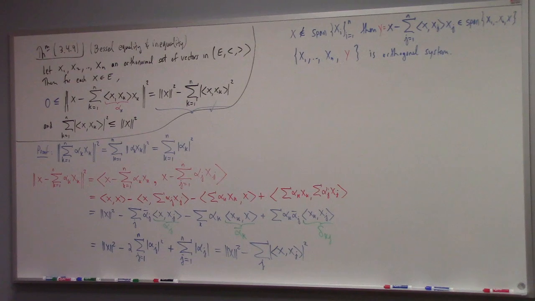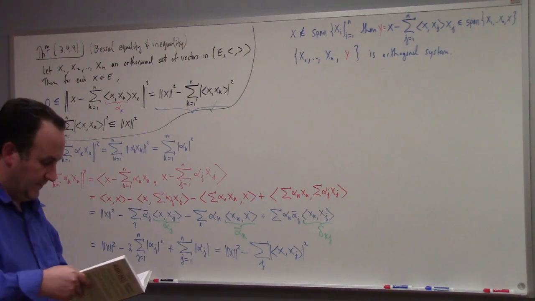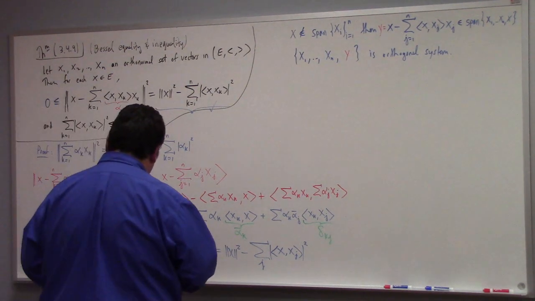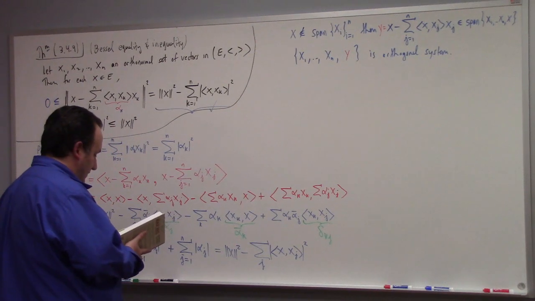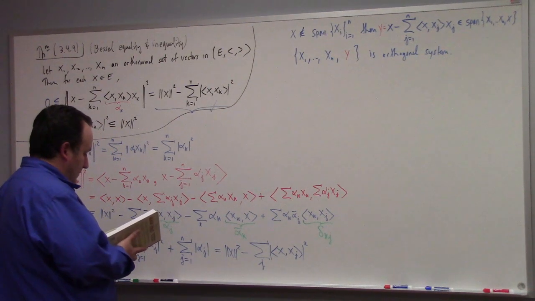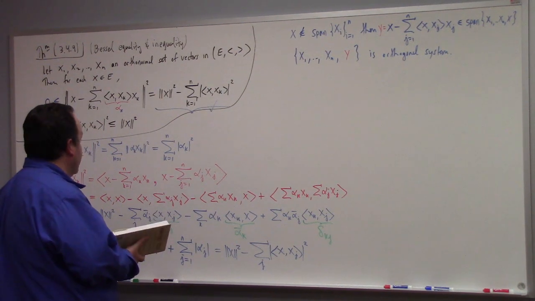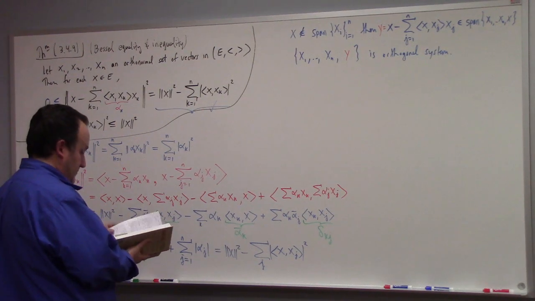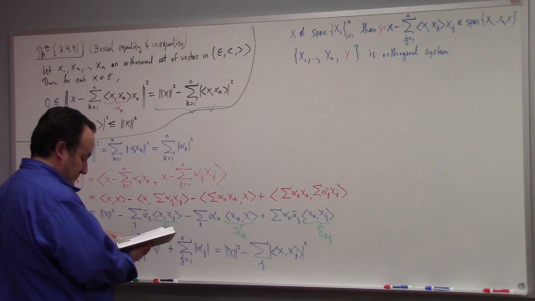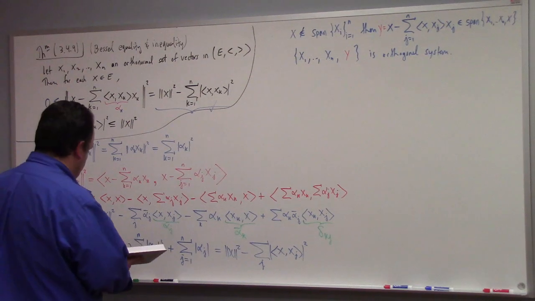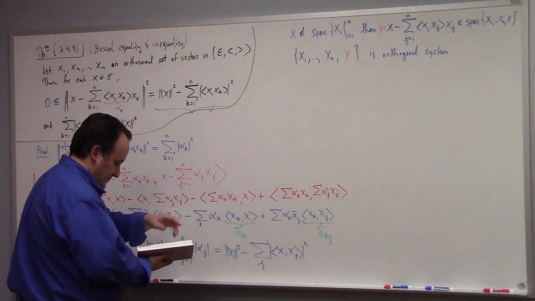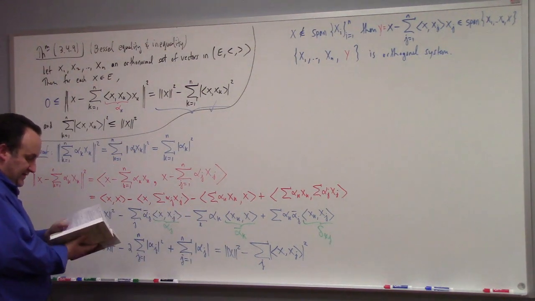Let me move on here. He says, note that expression 3.25, which one's that? That was this down here, is minimized.